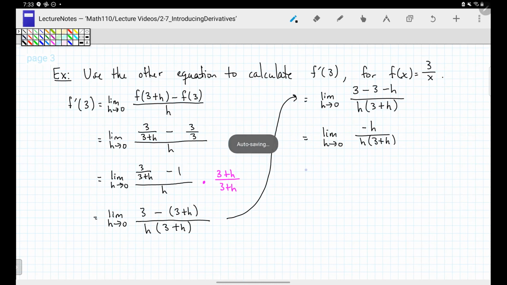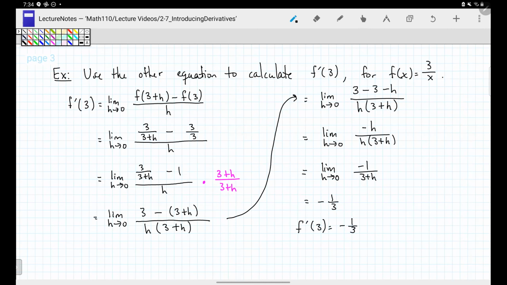And that's the thing that causes both numerator and denominator to be 0. So I can cancel that, and I get the limit as h goes to 0 of negative 1 divided by 3 plus h. And I can do this by direct substitution. I get negative 1/3. This is the same calculation we did before. We again get f prime of 3 equals negative 1/3.